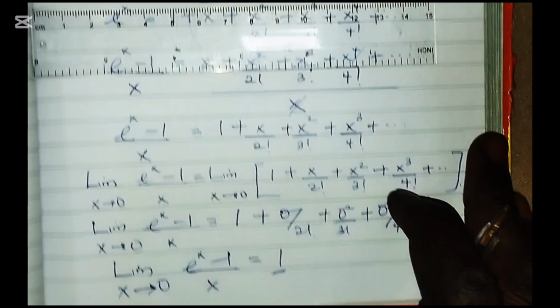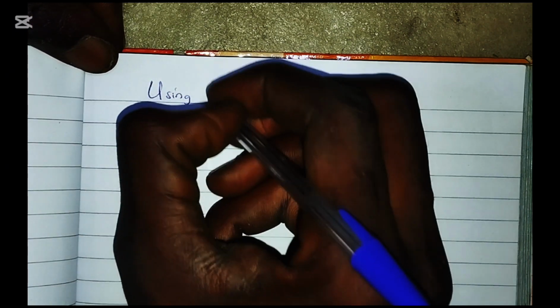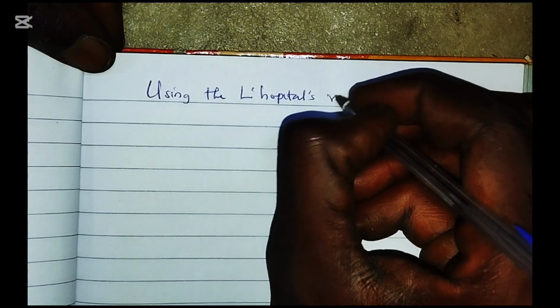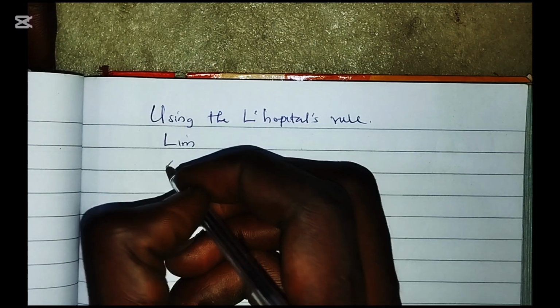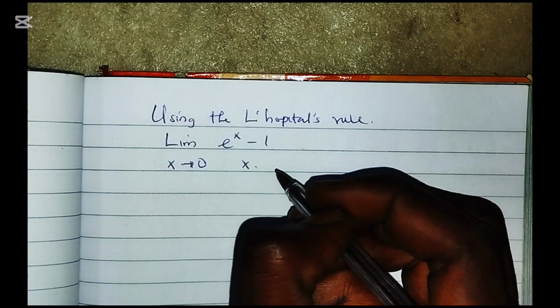So let us solve the same problem using L'Hopital's rule. This implies that as x tends to 0, this entire function approaches 1. Using L'Hopital's rule, we have the limit as x goes to 0 of e to the x minus 1 all over x.